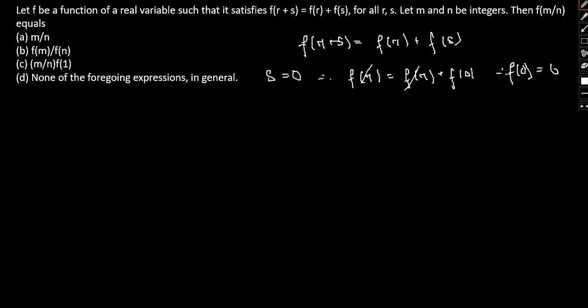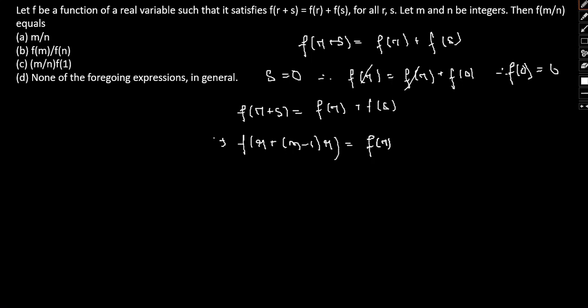if we further take f of r plus s equal to f of r plus f of s. Okay. Now let me do one thing. f of r plus m minus 1 s, m minus 1 r. Okay, so I've taken this. So therefore this can be again written as f of r plus f of m minus 1 r.